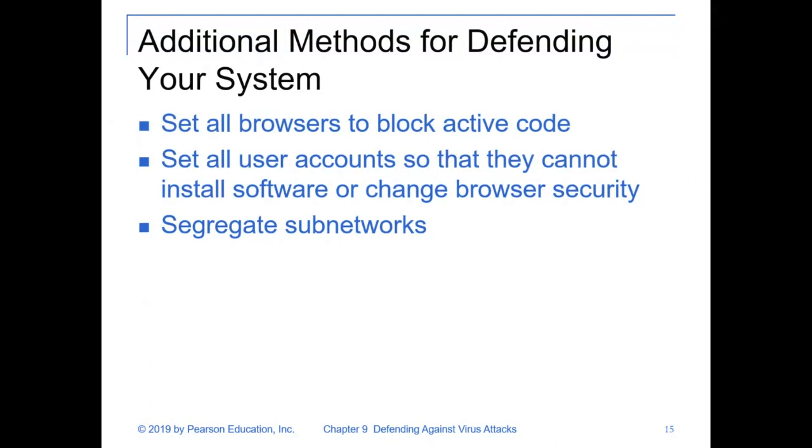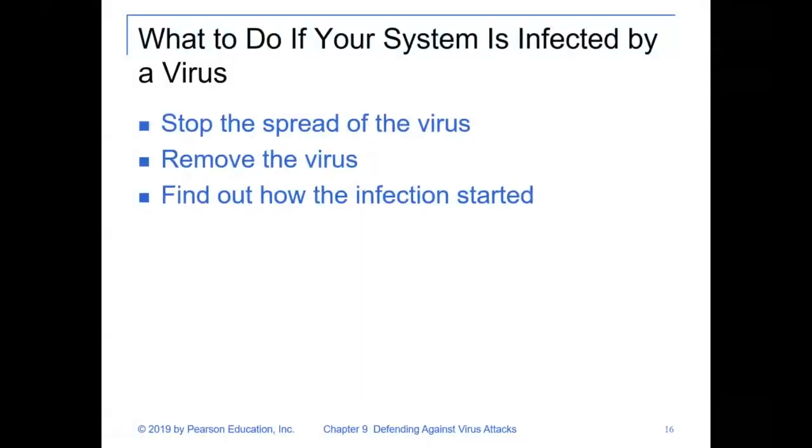So what do you do if your system is infected by a virus? First, stop the spread of the virus. If the infection is on a segment of a WAN, then you immediately disconnect from that WAN connection. If the infection is on a subnetwork, immediately disconnect from that subnetwork. This is one of the reasons why you would subnet and segregate your networks.